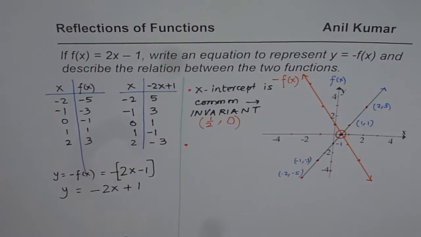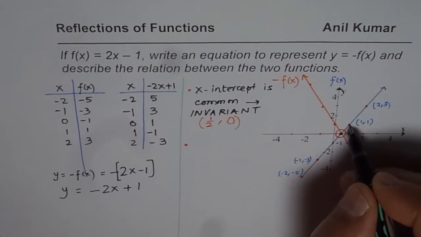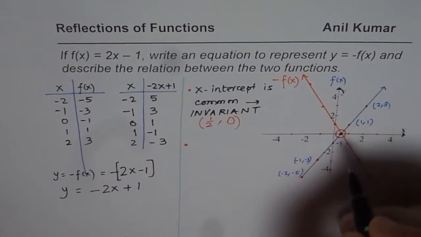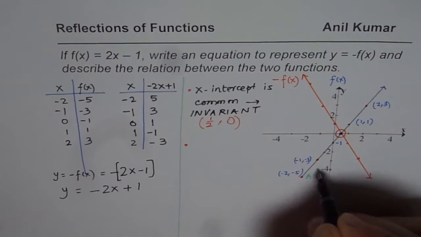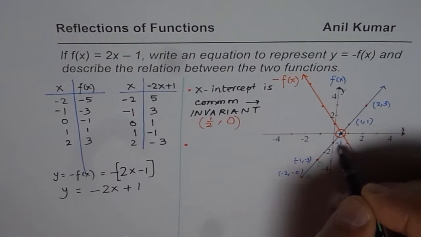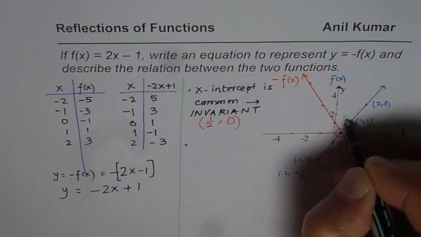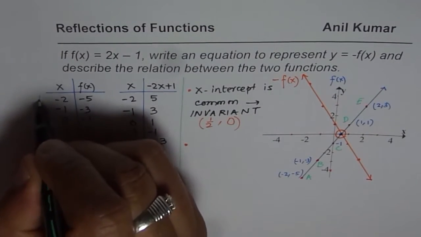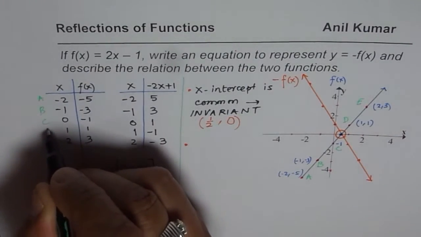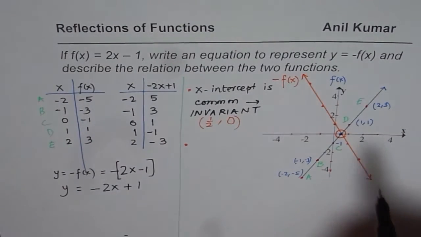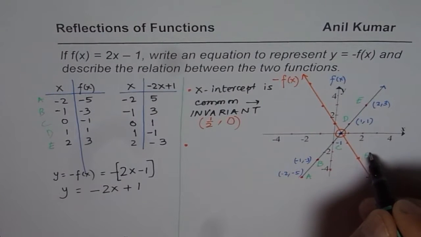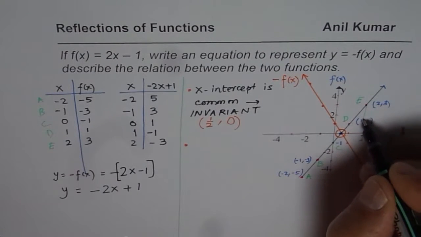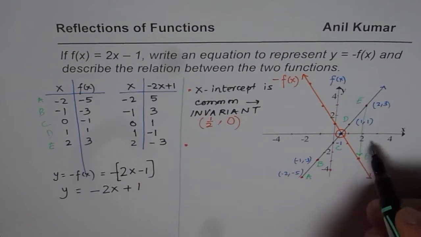Now you also see that all the points basically are reflected. So if I write down these points as a, b, c, d, and e, in that case what is happening to the points is that e dash is reflected on the x-axis. Do you see that? So it is equally far away from the x-axis.